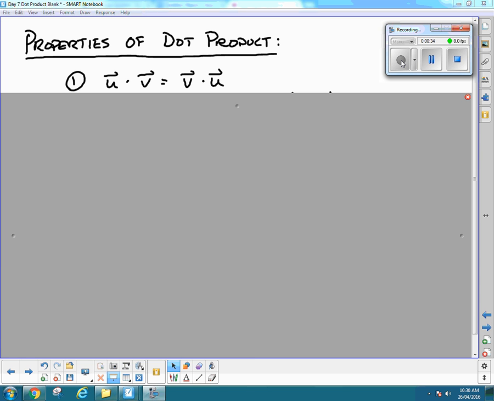So the first one says that u dot v equals v dot u. So that means the order in which we multiply doesn't matter. And that should make sense. It makes sense for algebra. It makes sense for numbers. 5 times 2 is the same as 2 times 5.